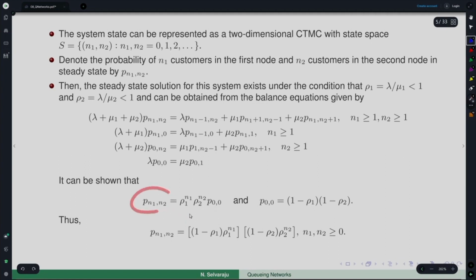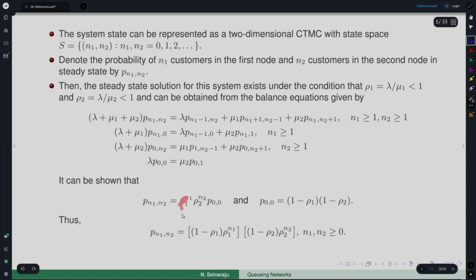Imagine that this is the case, and you are looking at a function of n1, a function of n2 and a constant. If I want to obtain the mean performance measures, I can handle this very easily because of the product form that you have here.